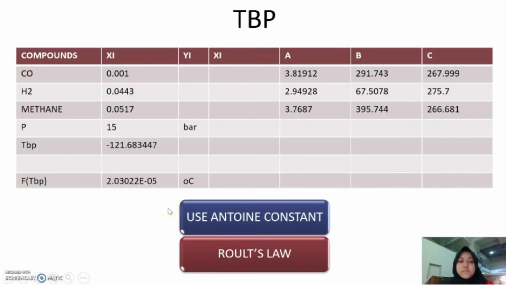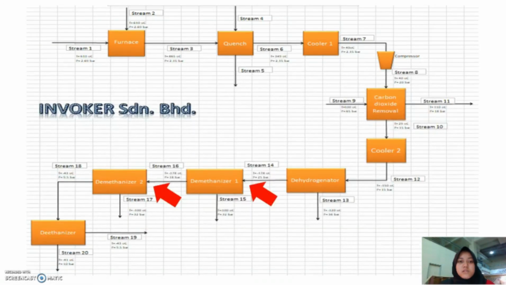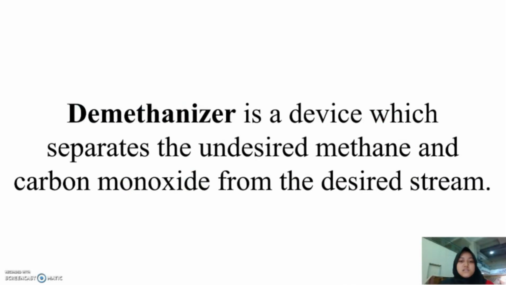We use the TBP to know the mole fraction of the gas stream. Next is the first demetanizer and also the second demetanizer. The demetanizer is a device which separates the undesired methane and carbon monoxide from the desired stream.